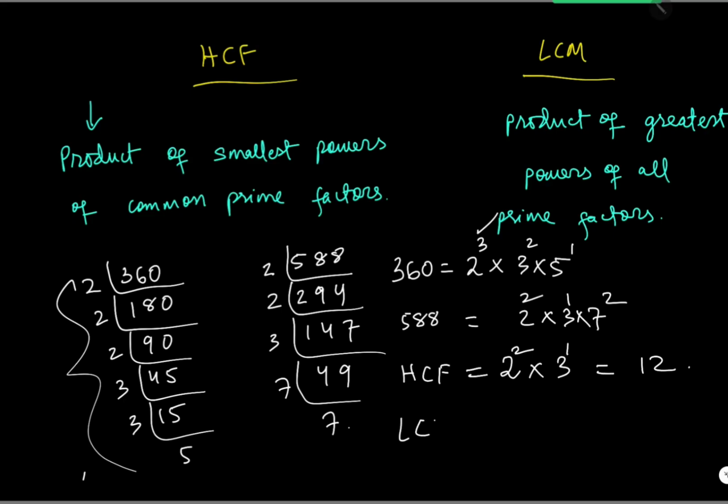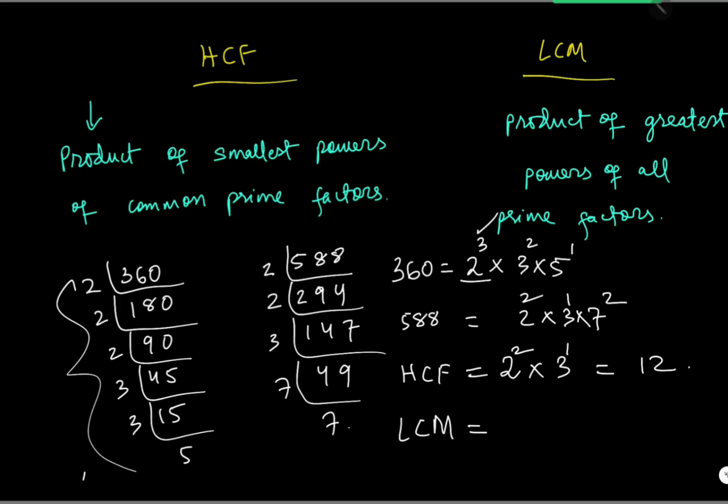Now let us check for LCM. The definition of LCM says the product of greatest powers of all prime factors. So regardless of whether the prime occurs in one number or not, if it occurs in the canonical decomposition of the other number, then we are going to take that prime number. And also we will be considering the greatest power of that prime number.